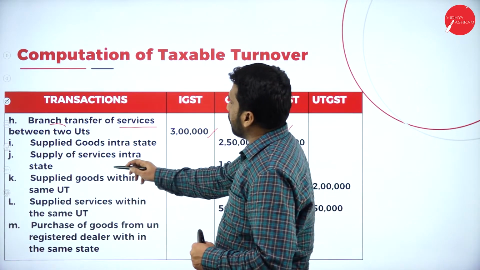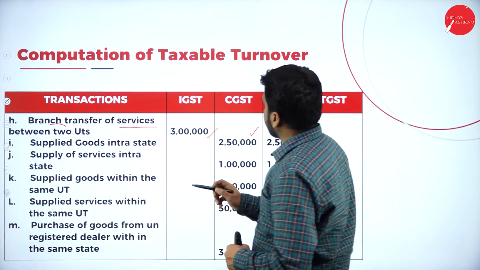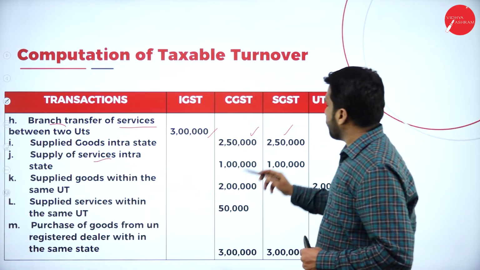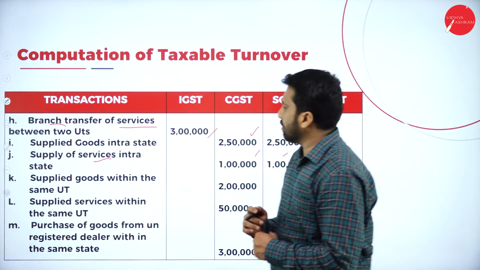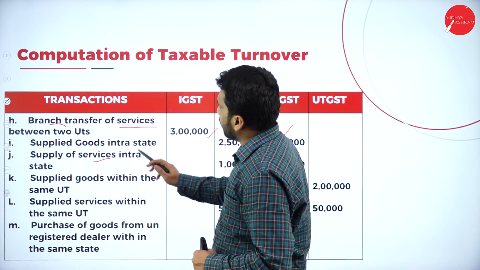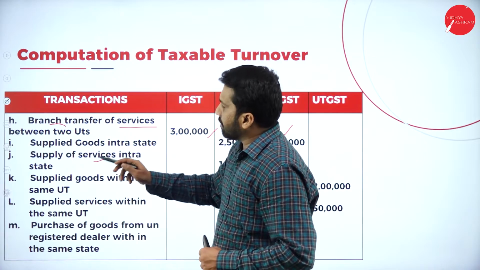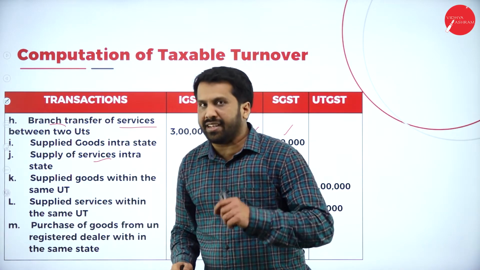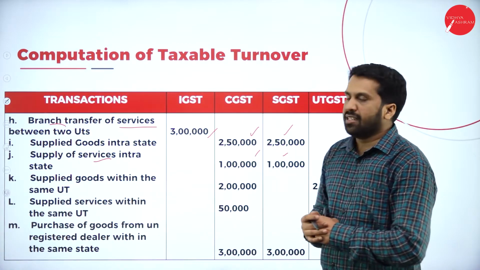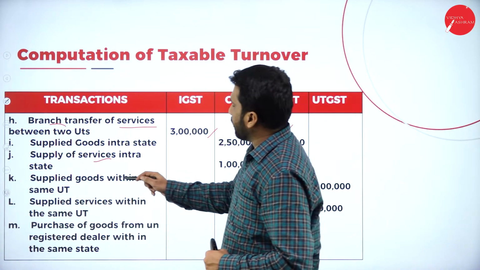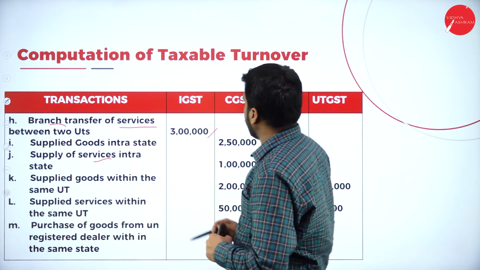Then supply of services intra-state. See, it is services, so it will be what? CGST and SGST. Supply of services, even though it is intra or inter, it comes under CGST and SGST. Next, supplied goods within the same union territory.